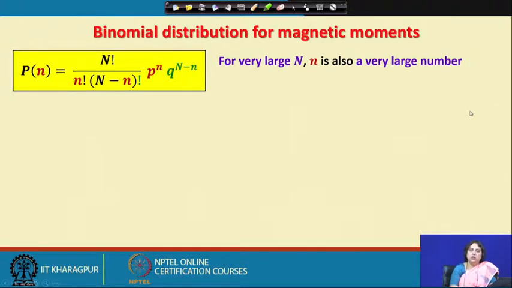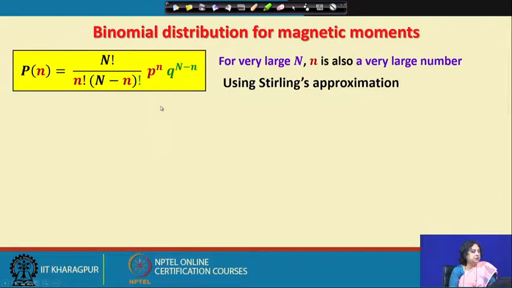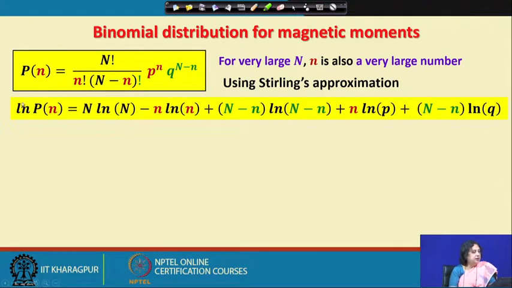Now, if you have a system having a very large number of capital N, typically 10 to the power of 23, I would argue that this small n must also be a very large number. So, accordingly, like what we have done before, we can use Stirling's approximation and express the natural logarithm of P(n) by simplifying these expressions. So, how do I do it?